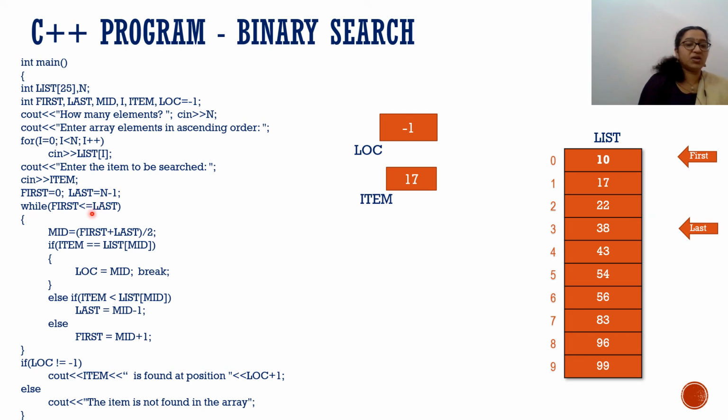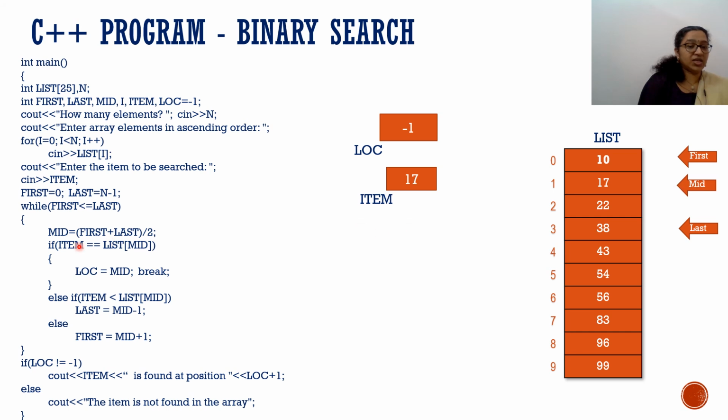The next step is mid equal to first plus last, whole divided by 2. That means 0 plus 3 by 2, we will get 1.5. So mid is at index number 1 position.